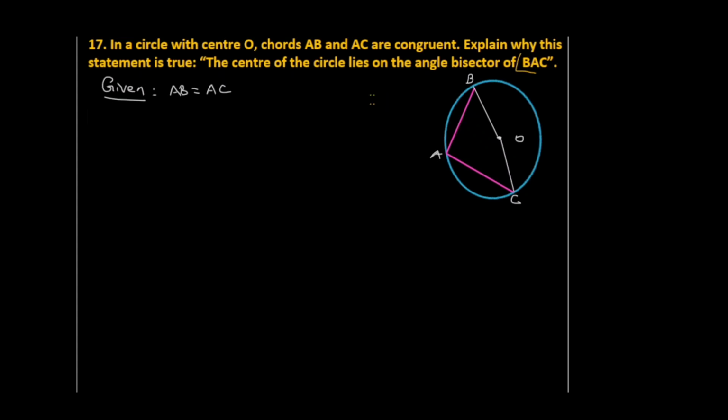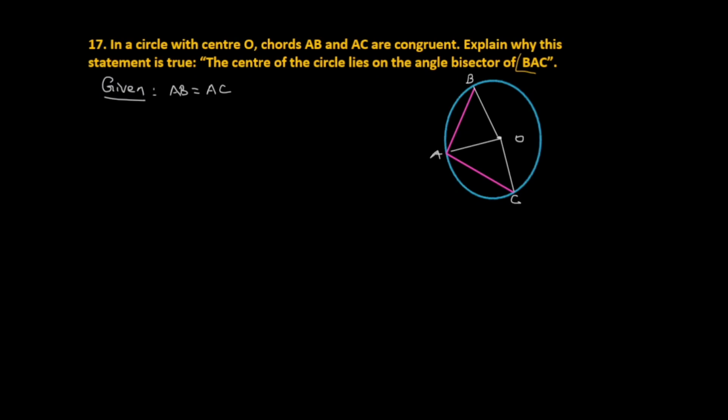so we joined with the center, and next one line, joining A and O. We need to prove that the center of the circle lies on the angle bisector of angle BAC, that is, angle OAB is equal to angle OAC.